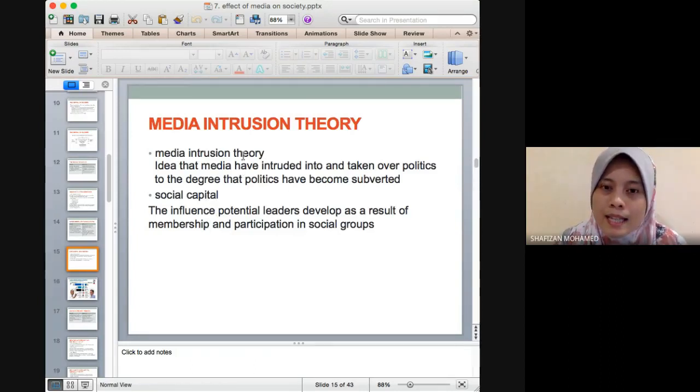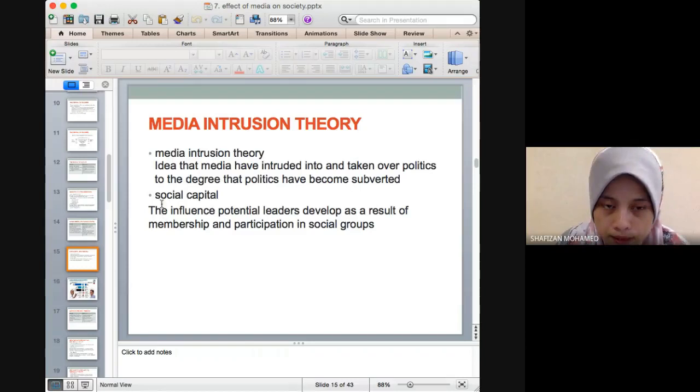They have compromised other components such as interaction with the public. So media intrusion theory says that media has basically undermined or reduced social capital.